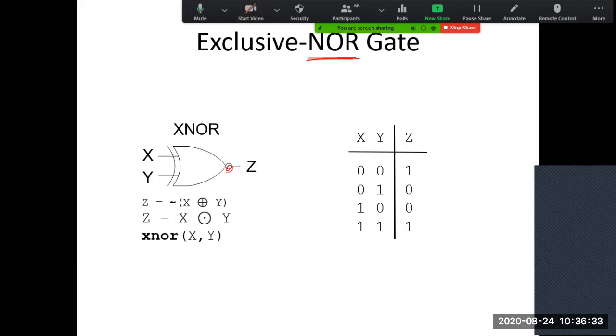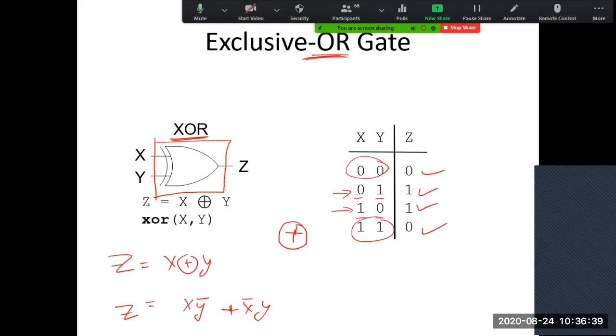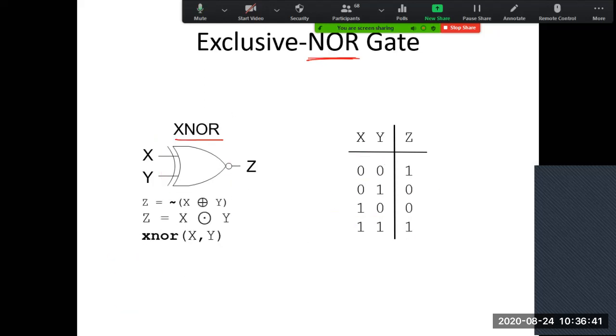If I put this NOT or bubble in front of XOR, I will get XNOR. The previous one is XOR, exclusive OR. This one is exclusive NOR, that is XNOR. What I am doing is the XOR of X and Y, and then the complement of that. The representation of this one is with a dot and a circle.